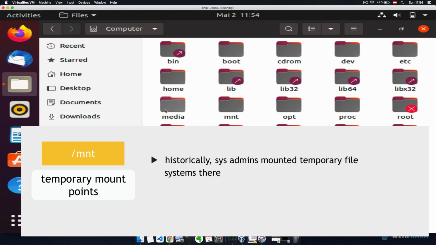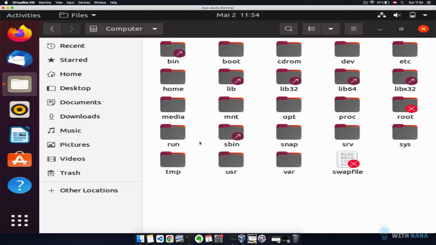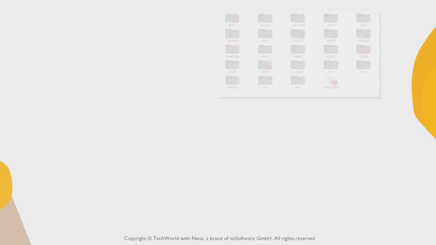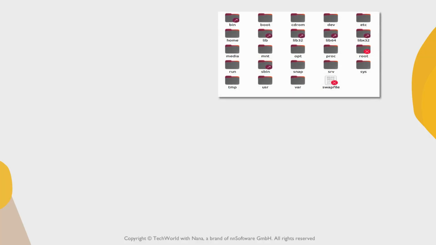So as I said, this happens automatically, but if you want to manually mount, for example, a file system to your operating system, then you can use the mount folder for that. Now, one thing to note here is that usually you will not be interacting with these folders, right?